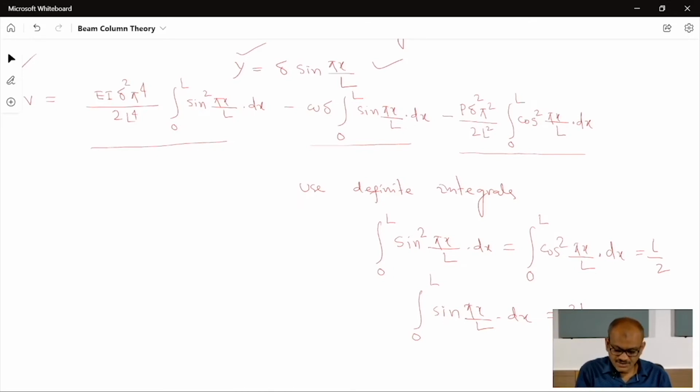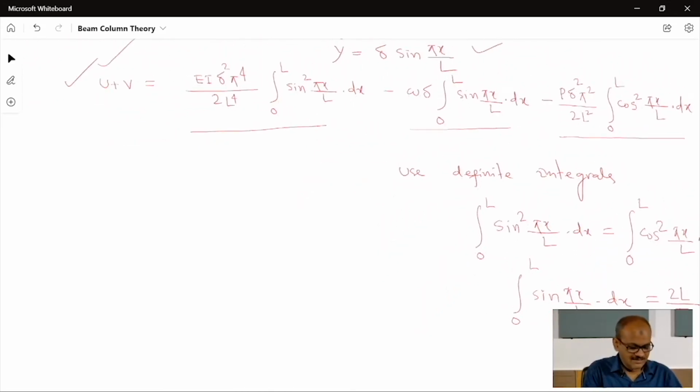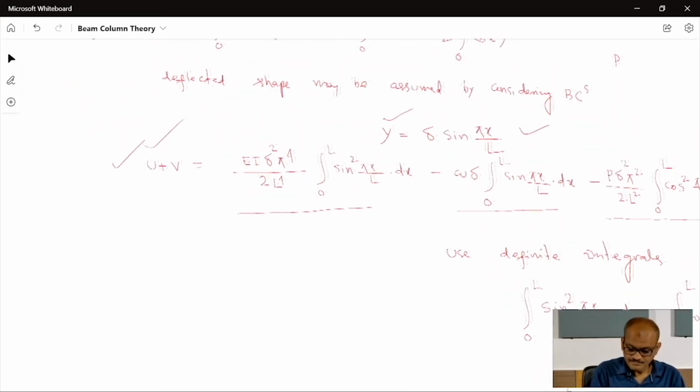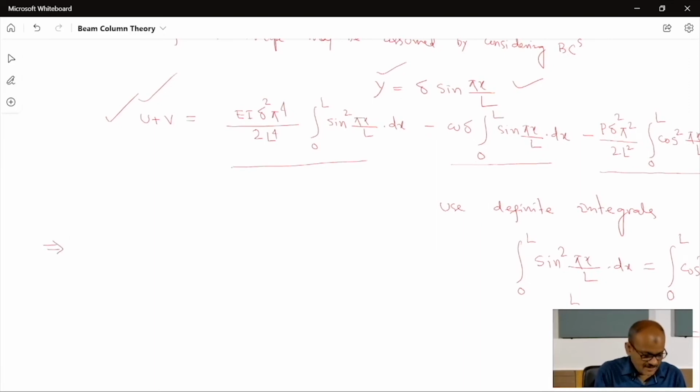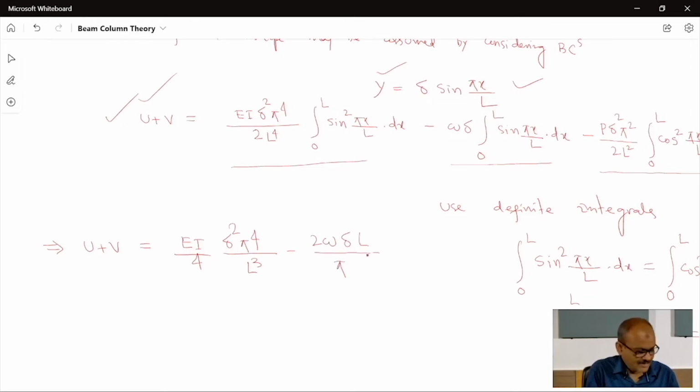If we substitute this in this expression, this u plus v comes out to be EI by 4 into delta square pi to the power 4th by L cube minus 2w delta L divided by pi minus P delta square pi square divided by 4L.